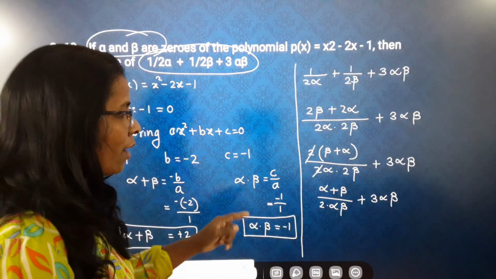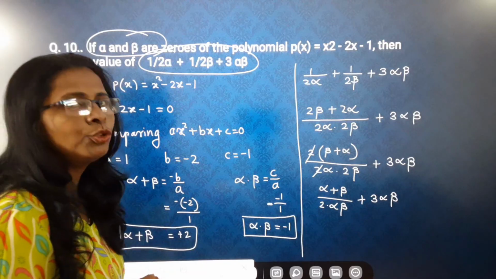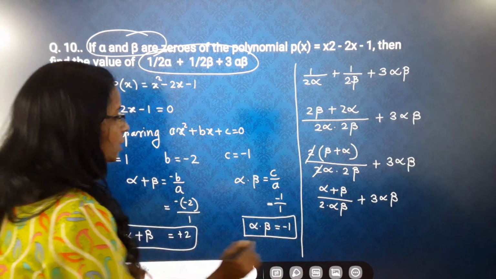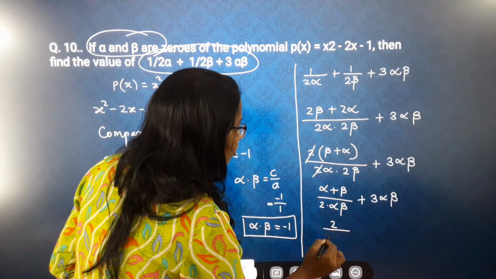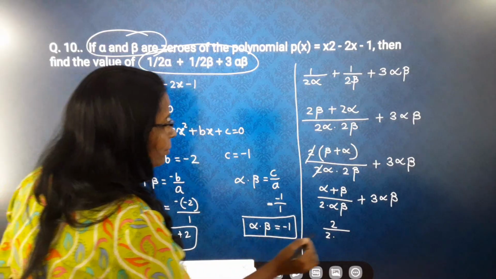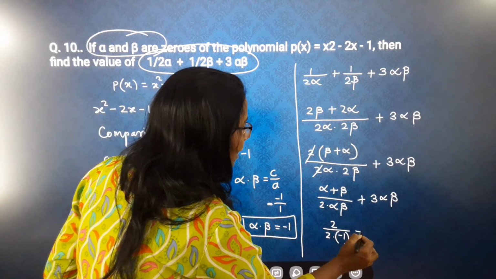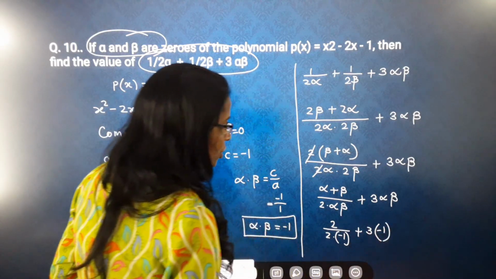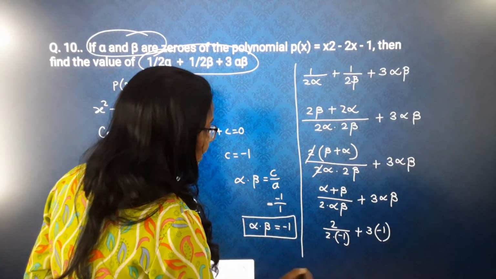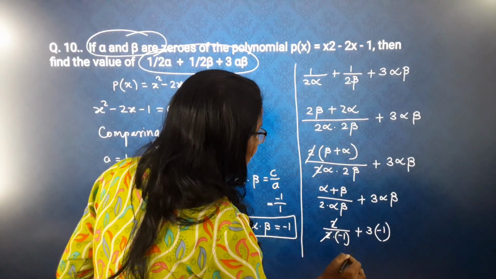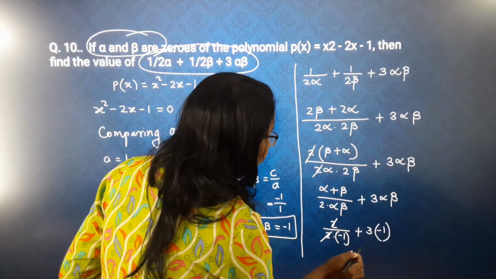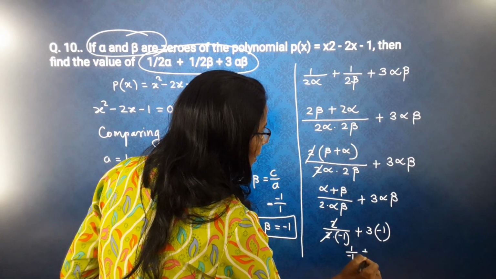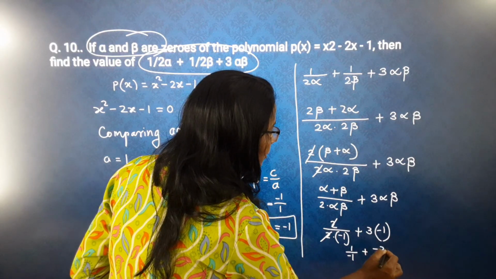Now we can substitute the given values: alpha plus beta is 2, so we have 2 upon 2 times alpha beta, which is minus 1, plus 3 times alpha beta, which is minus 1. Then the 2 gets cancelled, leaving 1 upon minus 1, and here minus 3.